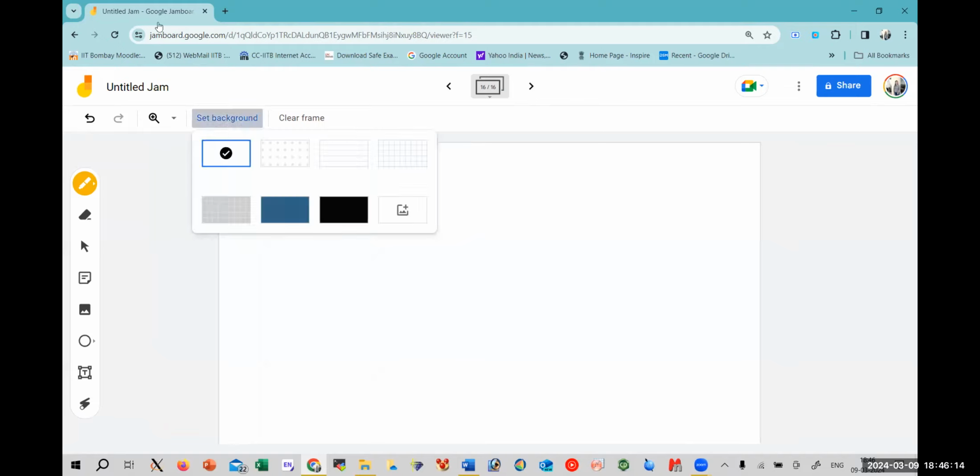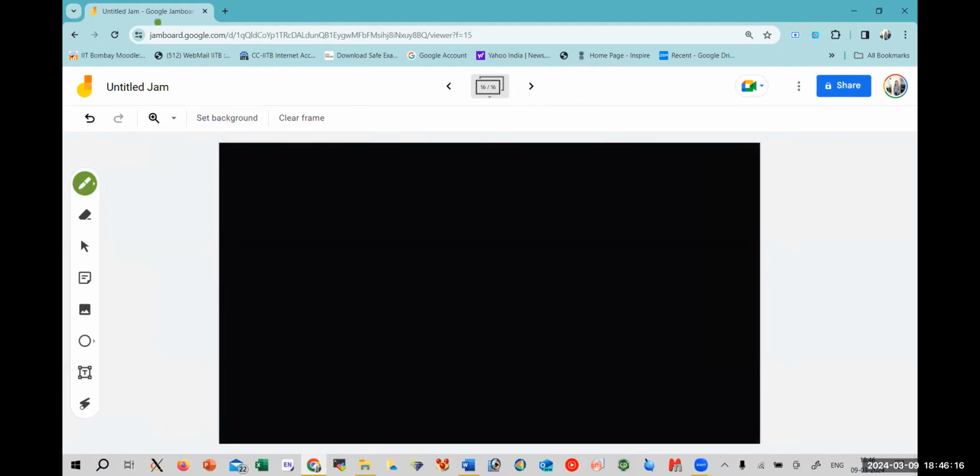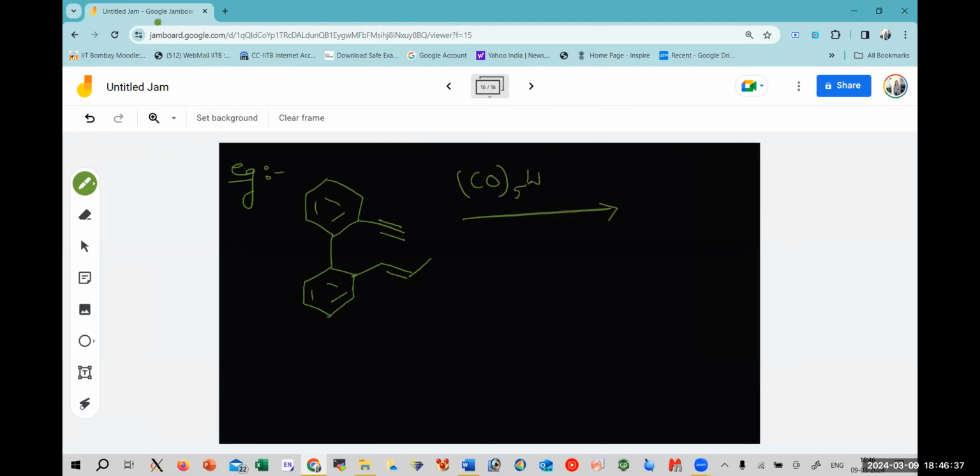We can take an example for it. If I am having a biphenyl system, two phenyl rings connected with each other, and at one side I'm having an alkyne, and the other side an alkene, in presence of this tungsten catalyst, Ph(OMe), which has been given by Katz in 1985.